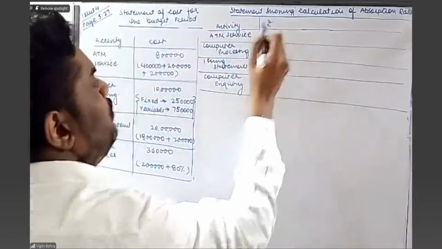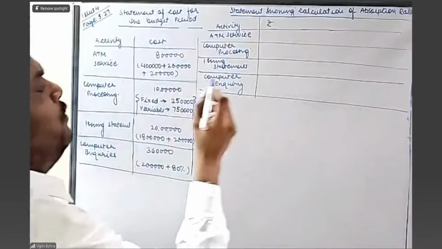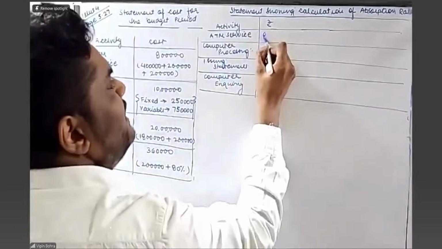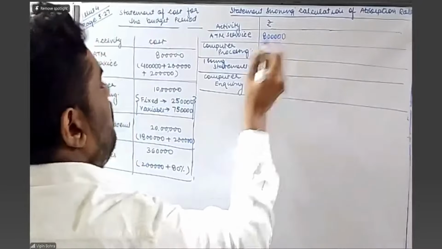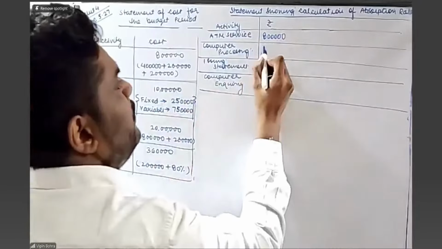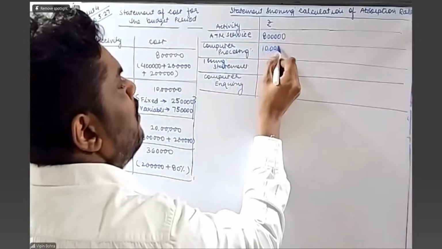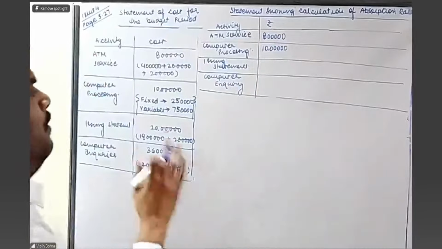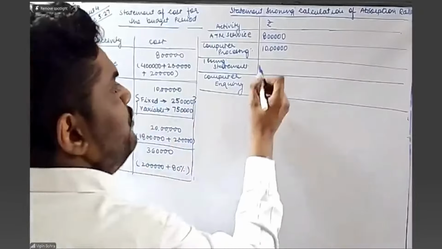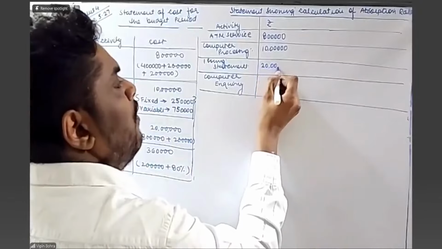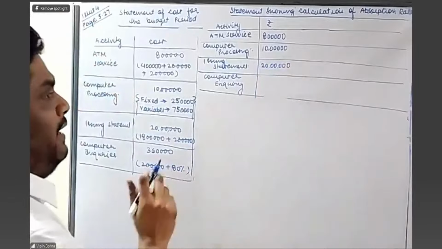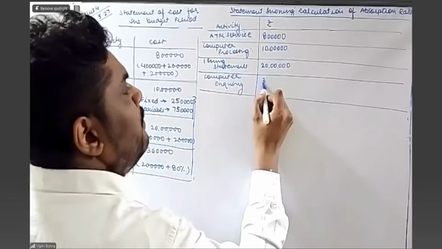When talking about the total amount, we have already calculated the total amount, that is 8 lakh for this activity, 10 lakh for computer processing, 20 lakh for issuing statement, and 3,60,000 for computer inquiry.